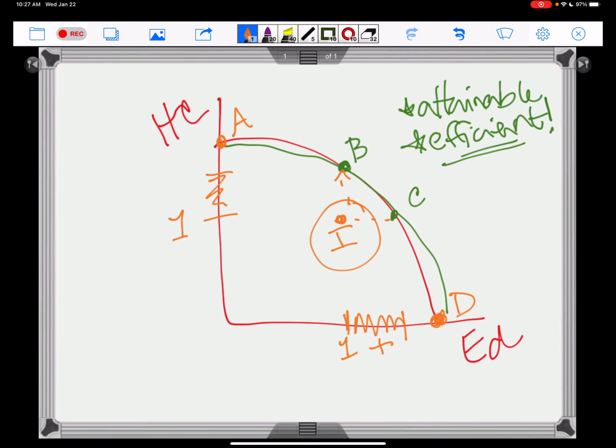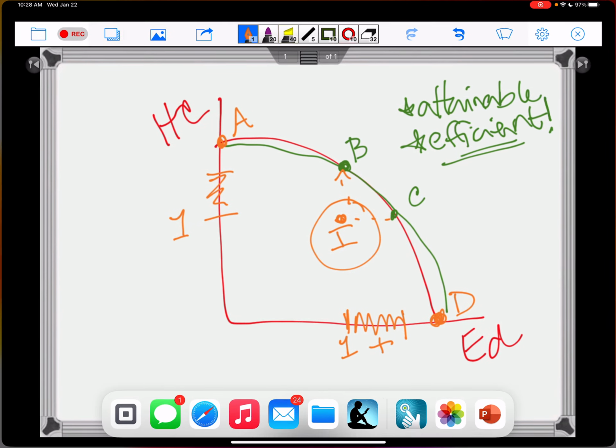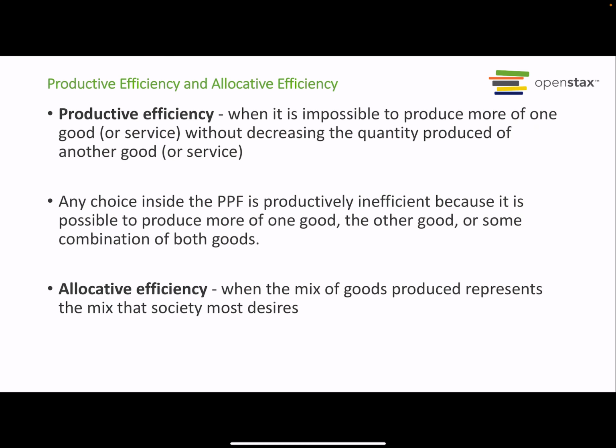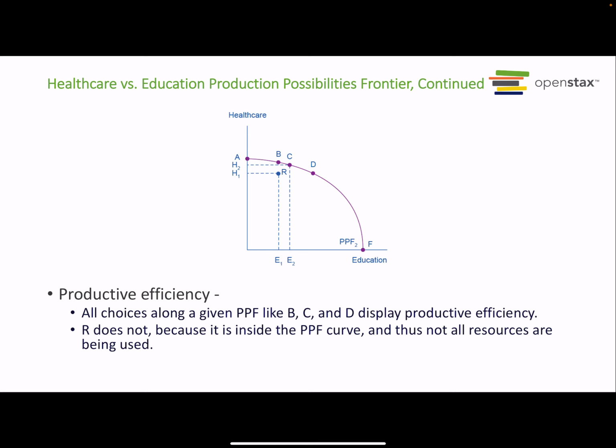The PPF is only showing us what is possible to produce. It is highlighting productive efficiency. Allocative efficiency is what society has to determine. What mix of healthcare and education have we determined is optimal for us? That's allocative efficiency.